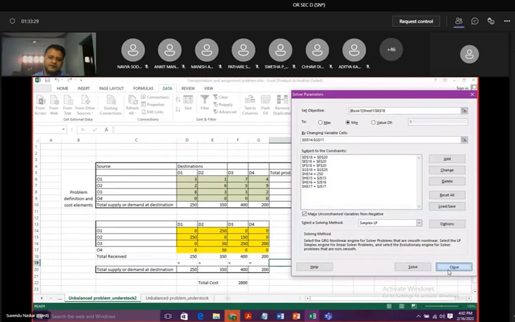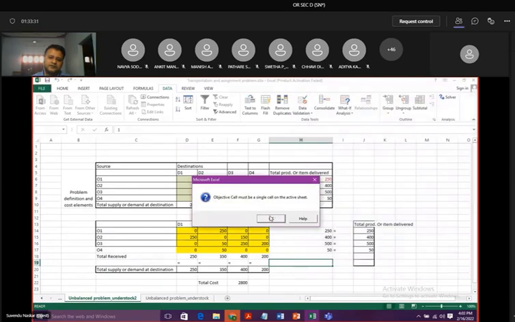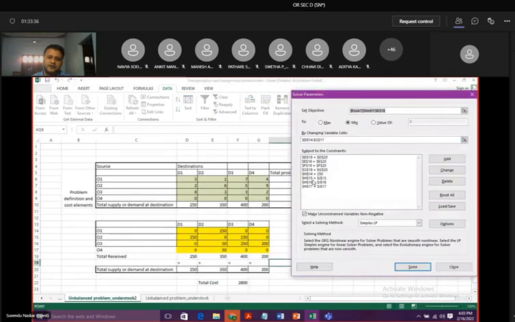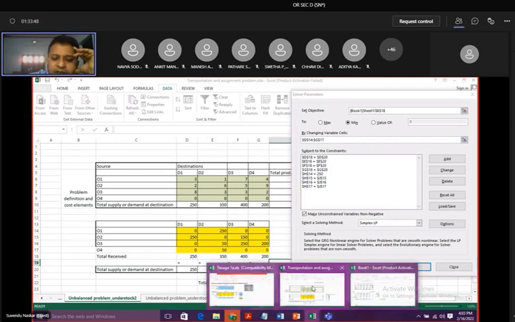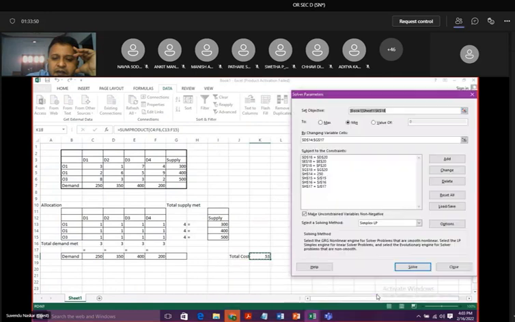Okay, so what we should now do is minimize this cell, subject to these columns meeting the supply constraint and these rows meeting the demand constraint. Once you do that, you get a solution.